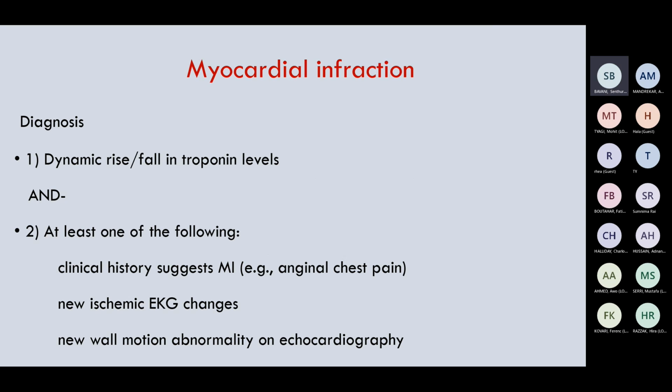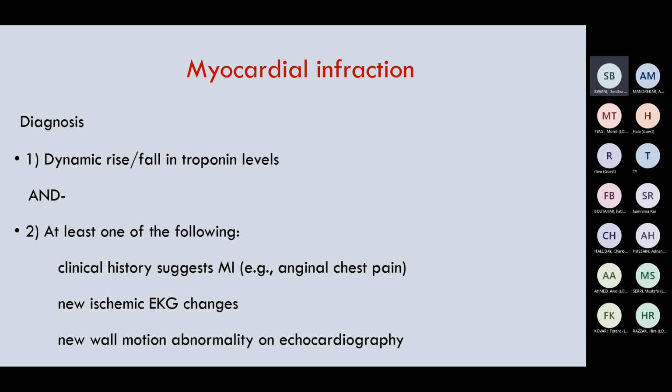In ICU patients, it is very difficult to detect myocardial infarction because sometimes patients develop elevated troponin levels. So what do we mean by myocardial infarction? There must be a dynamic rise or fall in troponin level, and we need a clinical history suggestive of MI, or new ischemic ECG changes, or new wall motion abnormality on echocardiogram.